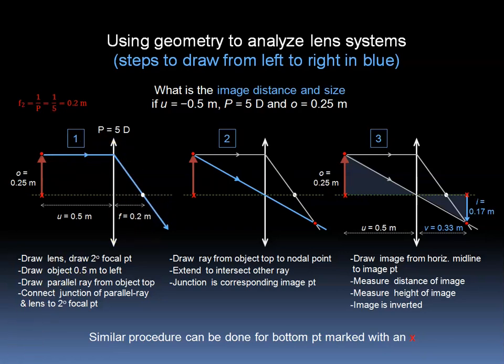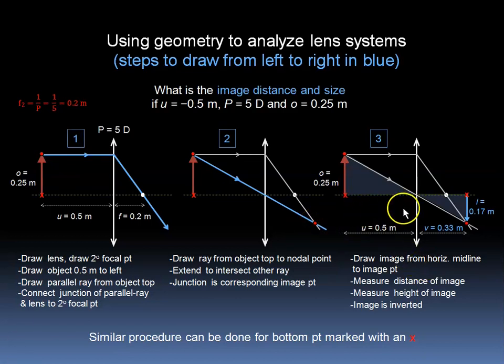Next, we draw a ray from the top of the object through the center of the lens, or the nodal point of the lens, and we extend it as far as needed until it crosses the first line. The junction is the corresponding image point.